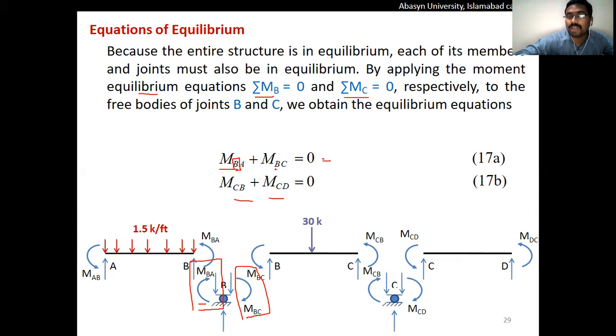So B will always be in the first position, and the other subscript will always be its adjacent span. At point B there are two spans adjacent to it, one is A and the other is C. Both points will be taken into account. Similarly, when we consider point C, its adjacent moments will be MCB and MCD.